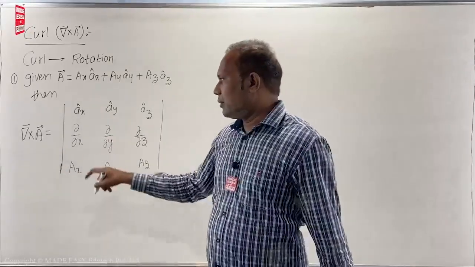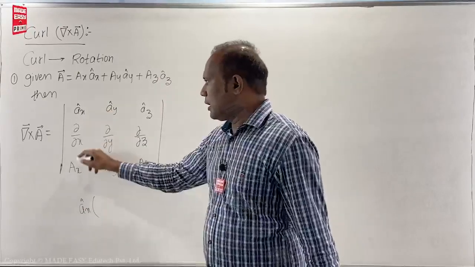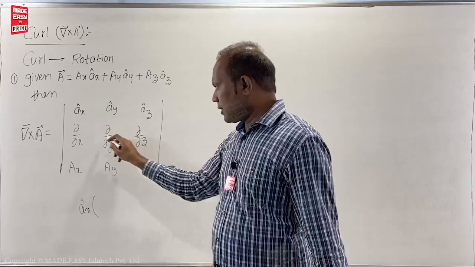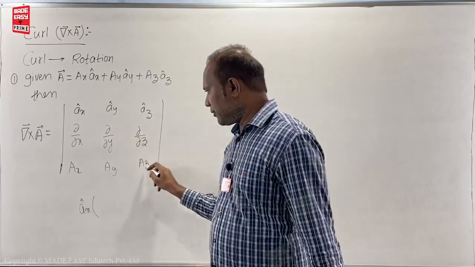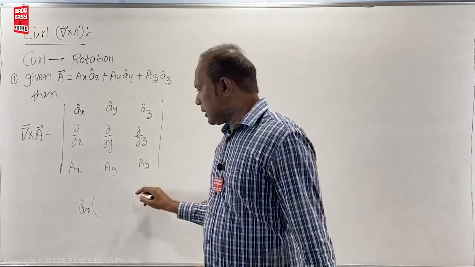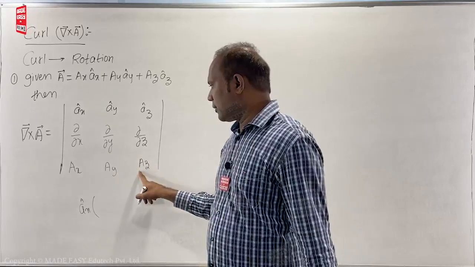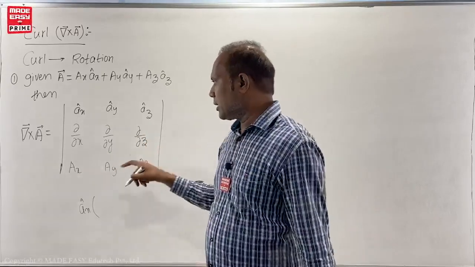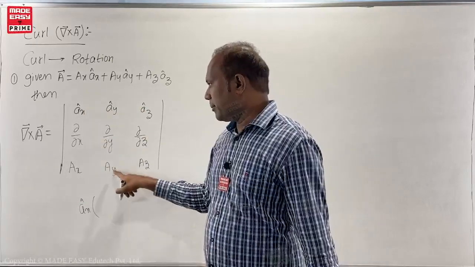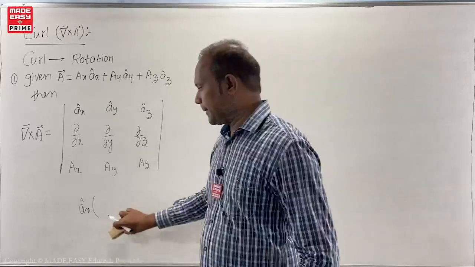So expansion: Ax, you leave this column and row, then you differentiate: dou by dou y of Az minus dou by dou z of Ay, then minus Ay, you leave this one, dou by dou x of Az minus dou by dou z of Ax, plus Az into, leave this one, dou by dou x of Ay minus dou by dou y of Ax. That is the determinant expansion.